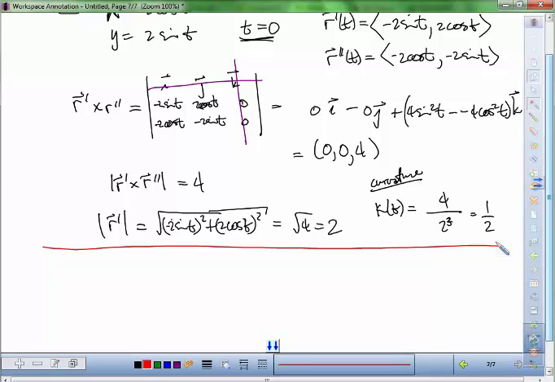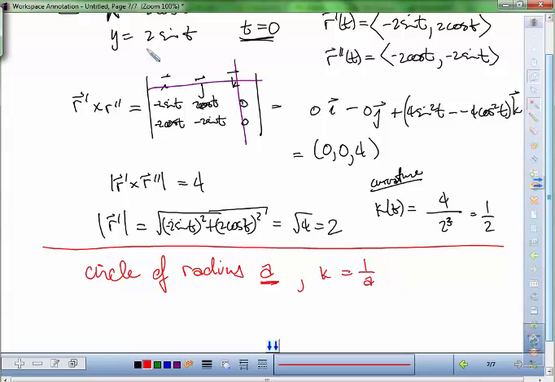Let's talk about those special cases. Well, let's talk about a circle first. We did it for a circle of radius 2, but we probably should have done it with a circle of arbitrary radius A. If you have a circle of radius A, the curvature is going to be 1 over A. It's the reciprocal of the radius.